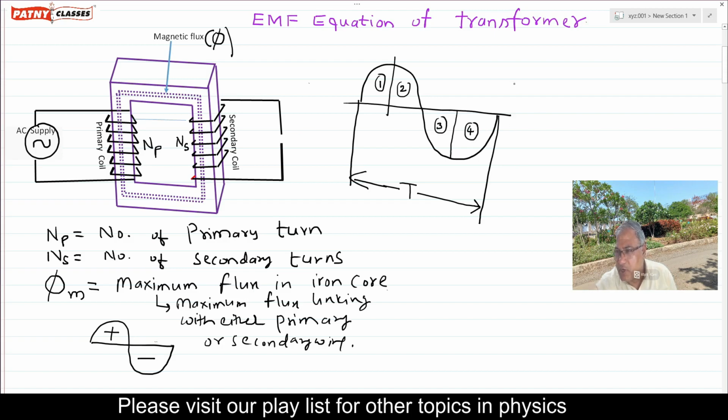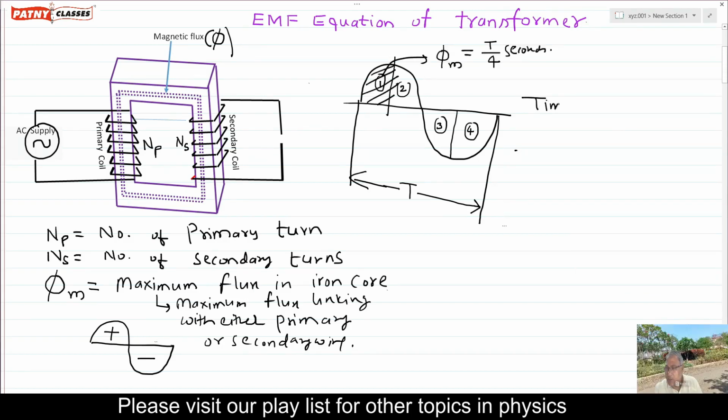Now the total time for four parts is equal to capital T. For four parts, the total time consumed is equal to capital T seconds. Therefore, the time consumed for one part is equal to 1/4 of T seconds.